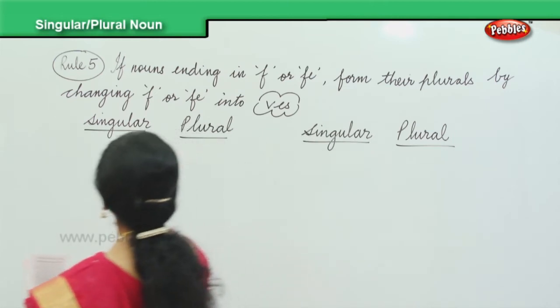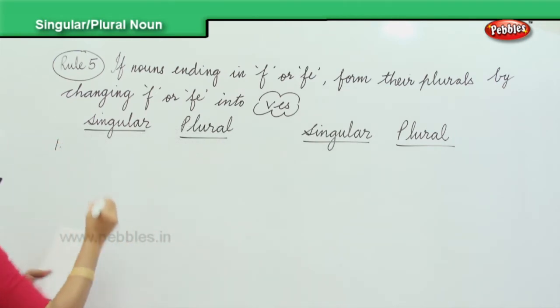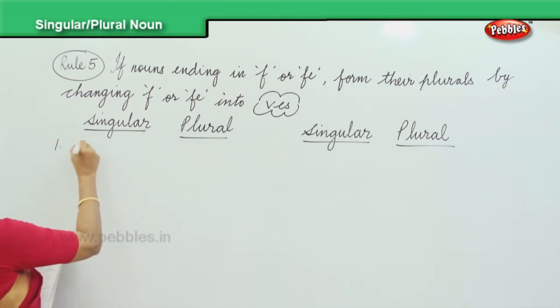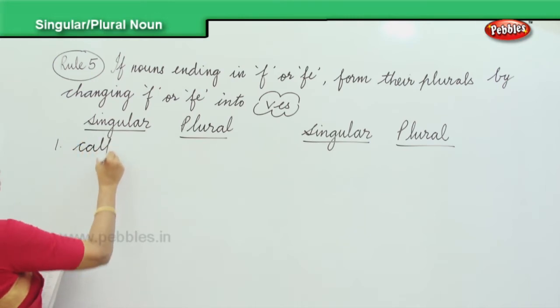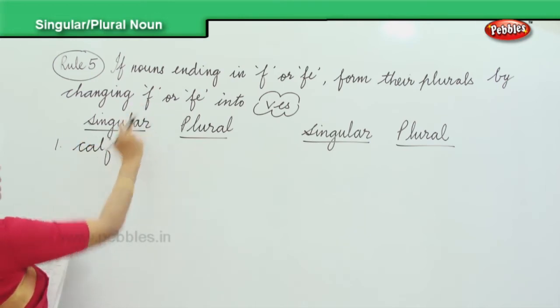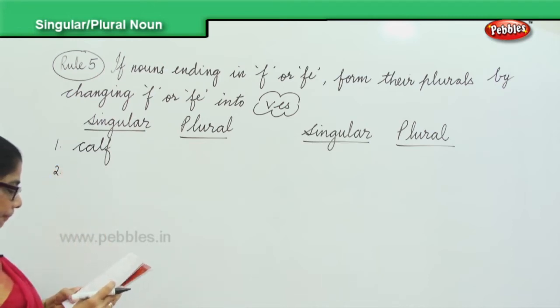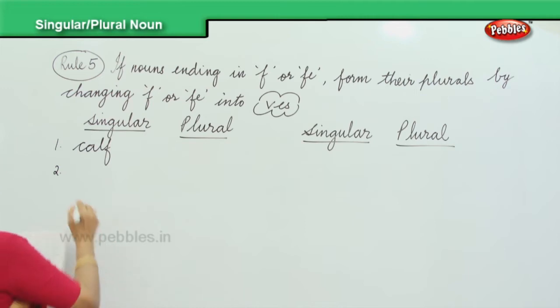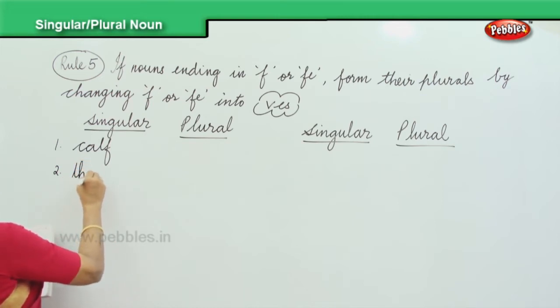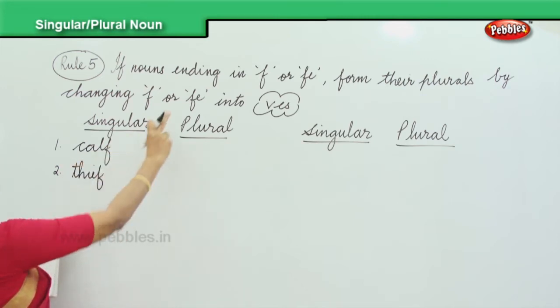So, let's look at it. Calf. You have ending in F. Then thief. F.